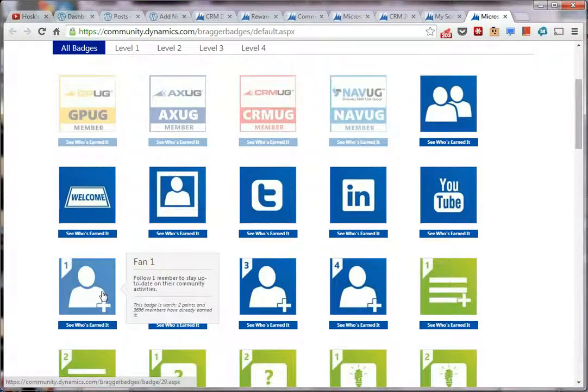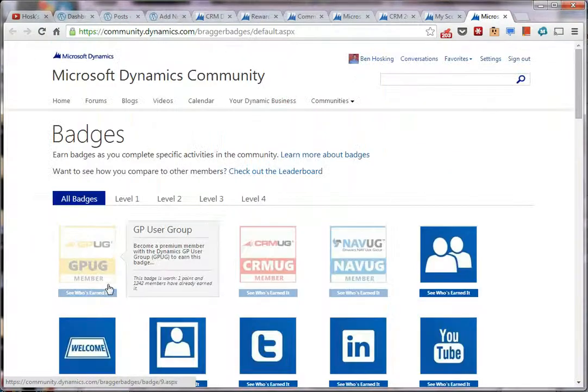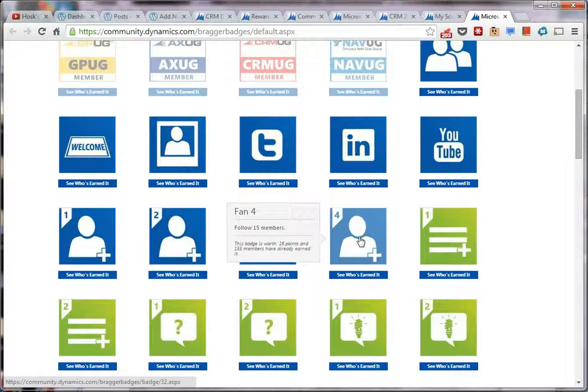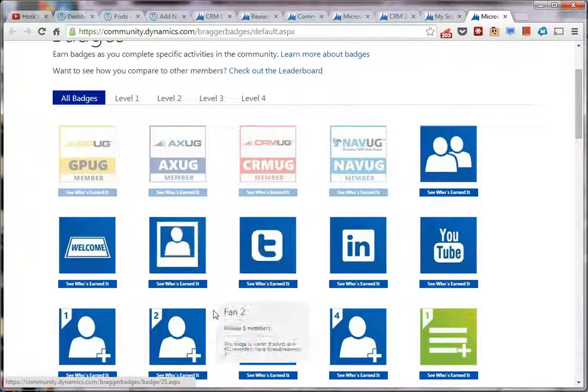So there are lots of badges you can get easily. Fan one: go in and follow some people. You could search for some CRM MVPs and follow their activity. If you follow so many, and here you see the levels, fan 1, 2, 3, and 4, you follow 15 members and you'll get all those different badges.